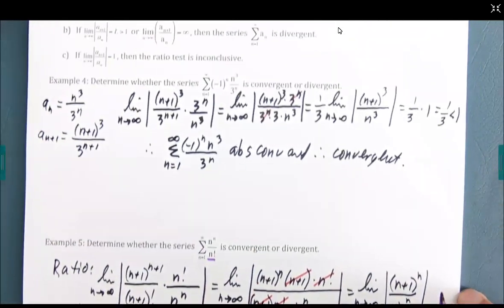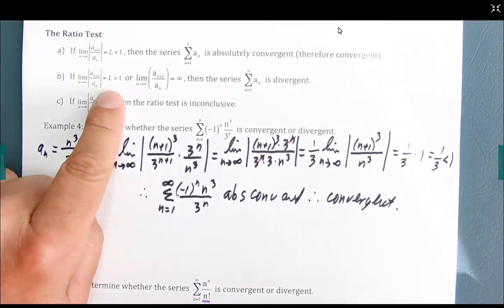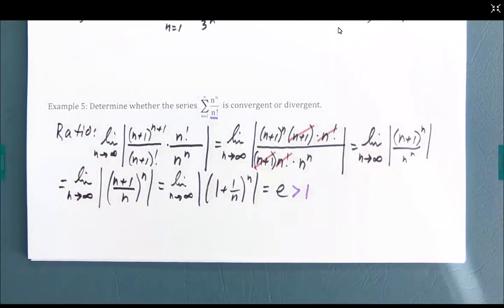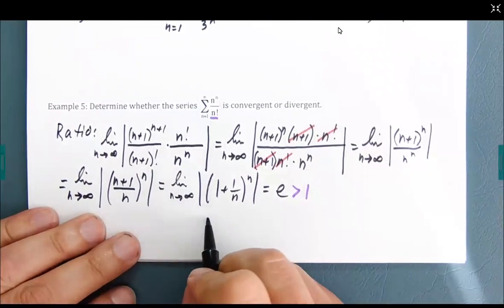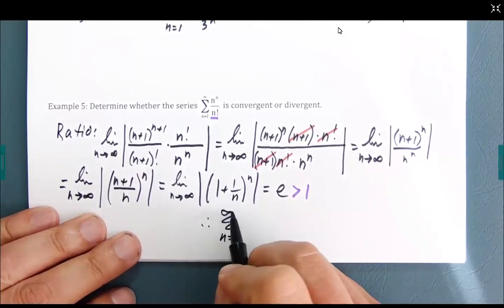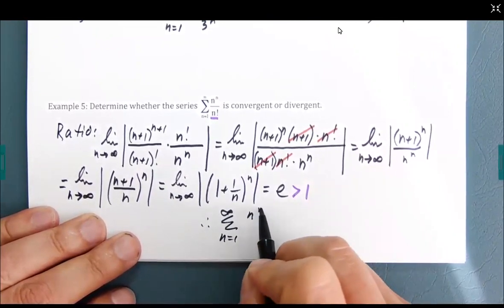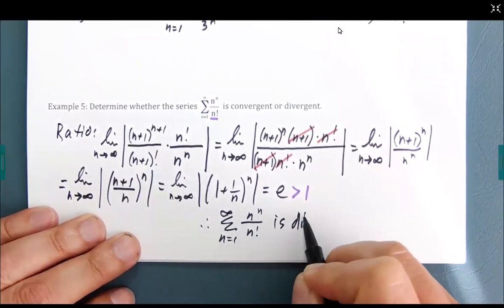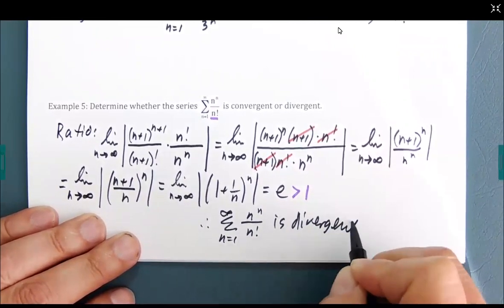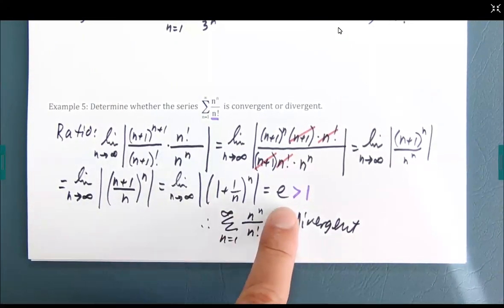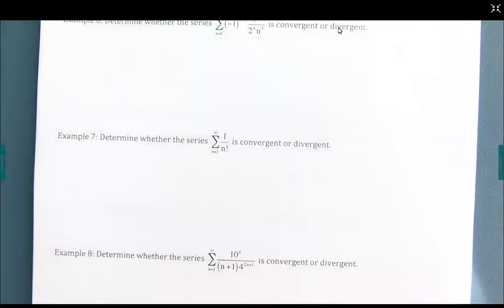And according to the theorem, if the limit is bigger than 1, then the series overall is divergent. Now we will use this limit again for another problem in a few minutes. Let's do a bunch more examples.